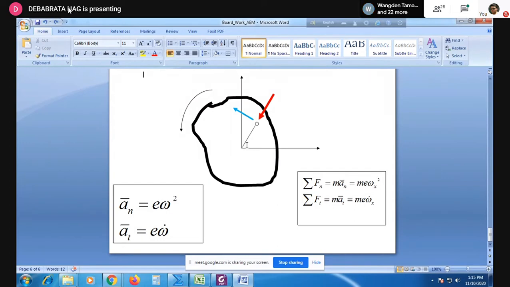As a result, these cos theta and sin theta terms are coming into your equations. Therefore, your bearing reaction forces become periodic functions. Cos theta and sin theta are periodic functions. So bearing reaction forces periodically change their directions and their orientations.